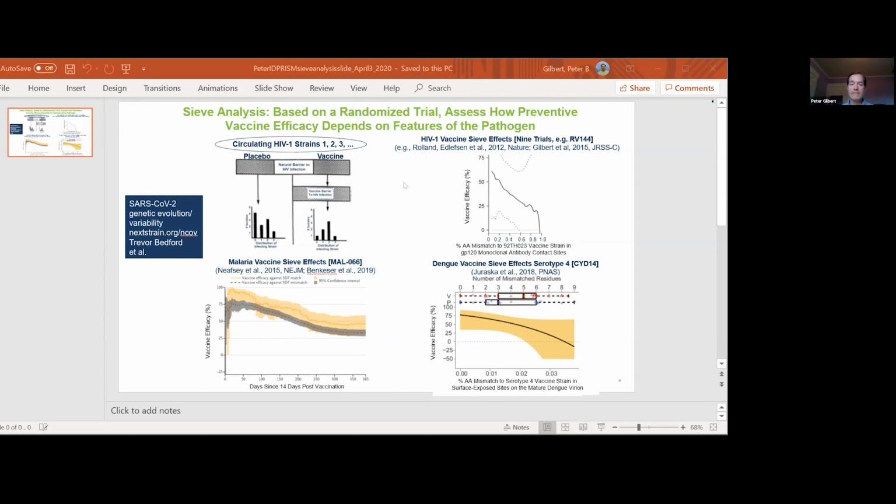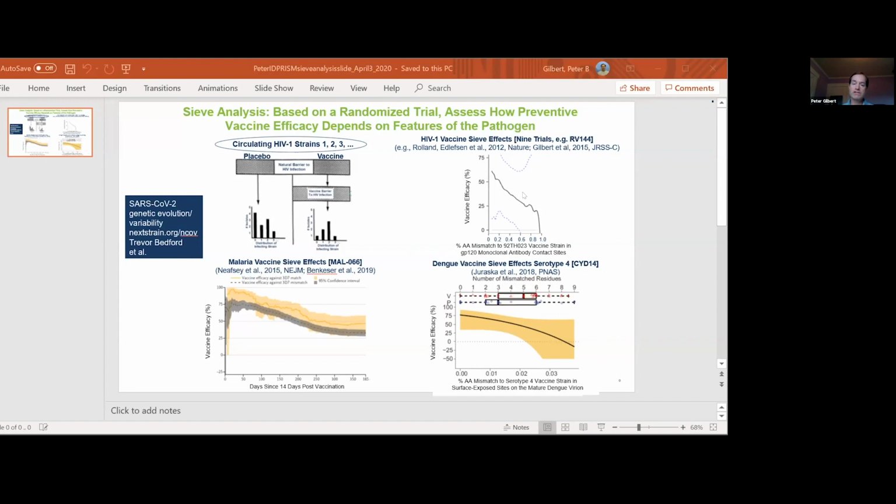On this slide, I'm not going to go through it, but it's showing some results the group has found, where we were able to discover in these randomized VE trials that the vaccine efficacy was better against pathogen strains that were close genetically to the vaccine, and the efficacy was worse against viruses that were far away from the vaccine.